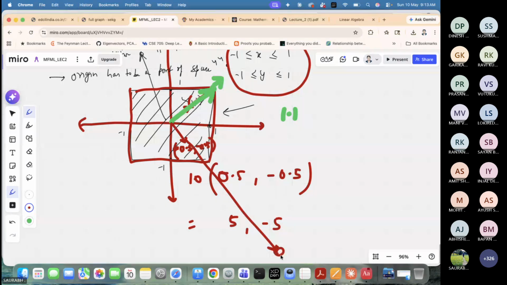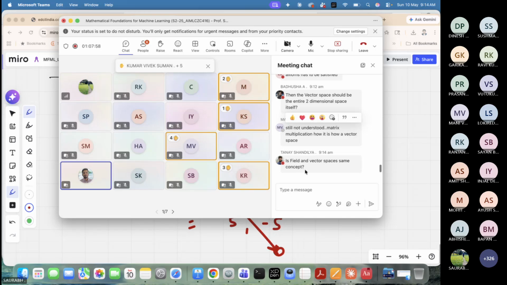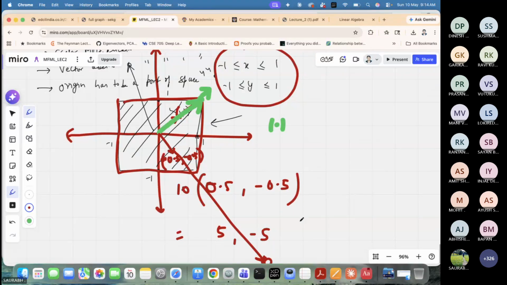Sir, I have two things to ask here. One thing for all the audience, please respect the hand raise, the way people are raising hand, and let's follow the queue. And second thing is, when we say this vector space, and you showed in this example, x is between minus 1 to 1 and y is minus 1 to 1, so it's not a vector space.